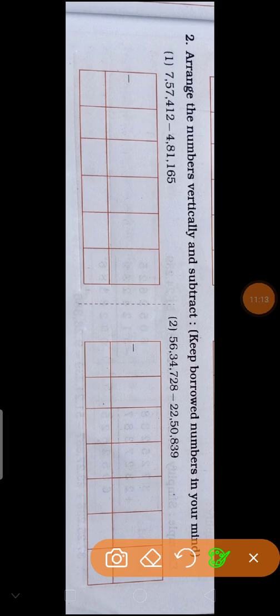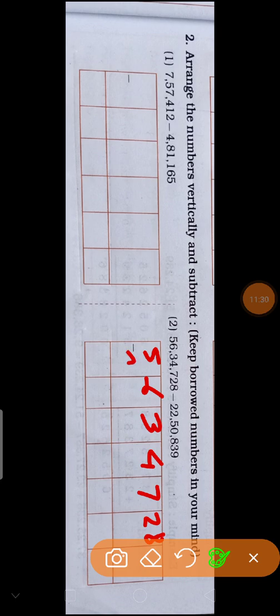Okay, see here, 56 lakh 34,728. I wrote here 8. This 8 you have to write in the next box.